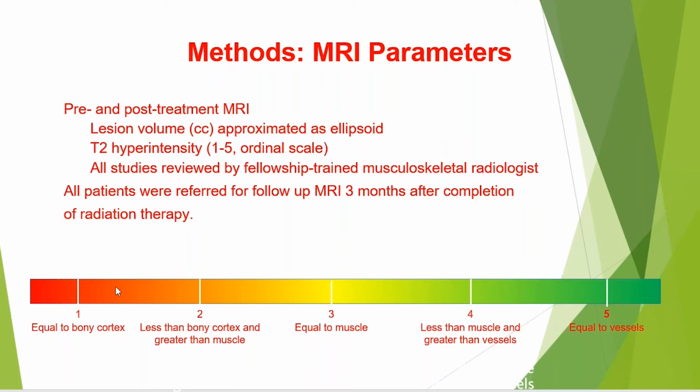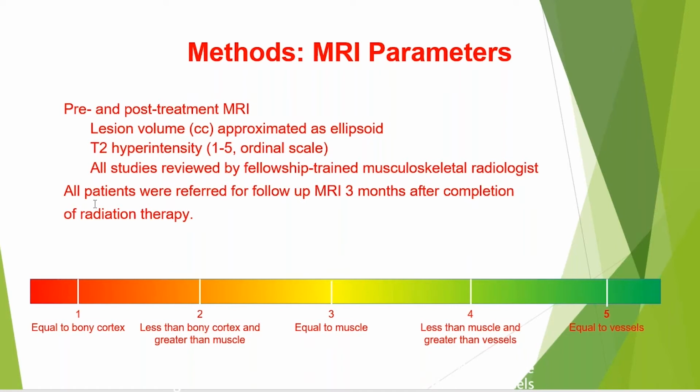So we have just dropped the contrast and just done plain MRs looking at T2 hyperintensity using the 1 to 5 scale, with 5 being equal to vessel activity and 1 being more equal to the bony cortex, 3 to muscle. And then you see there 2 is between the bony cortex and muscle, and a grade of 4 would be between muscle and vessel.